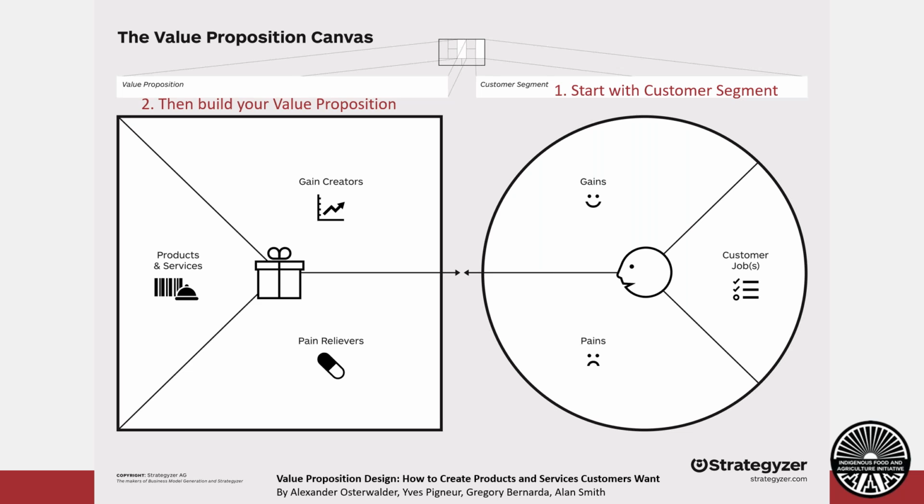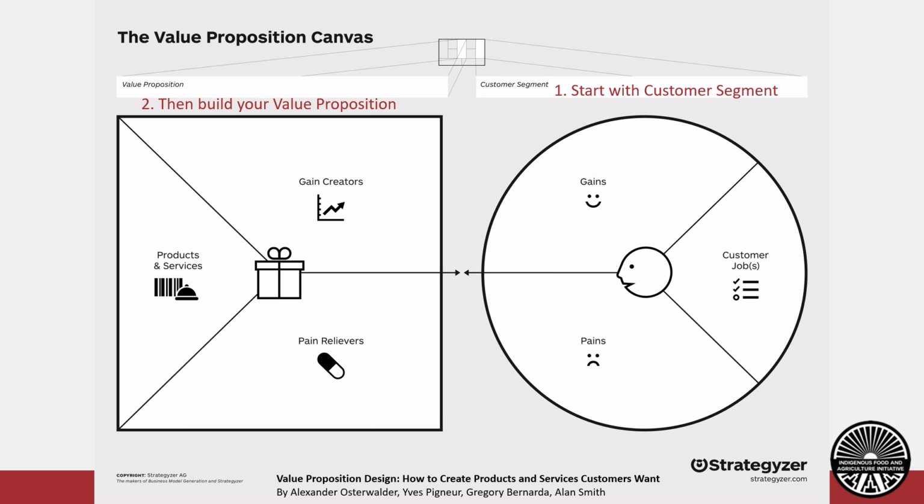So think about how your customer would interact with your product or with your service, and then move on to your value proposition on the left side of the screen. Building out your value proposition, what products and services do you provide that can help that customer? So think of maybe a meal kit, something that's semi-prepared that will make it easy for that working parent to feed their children.